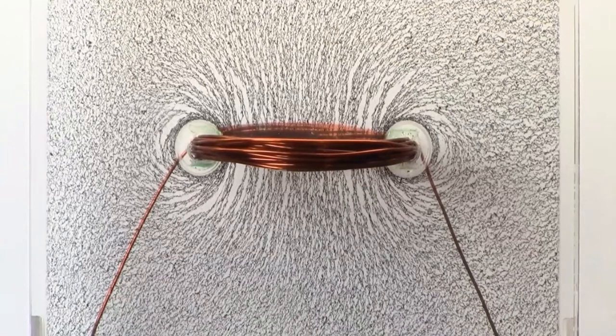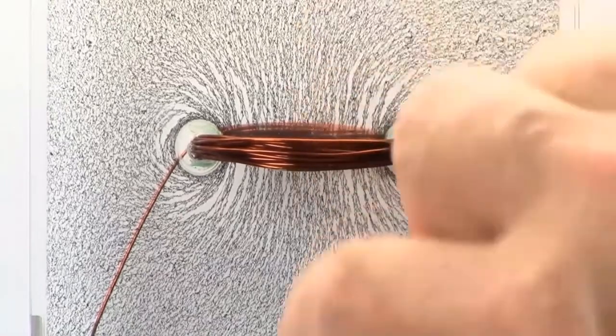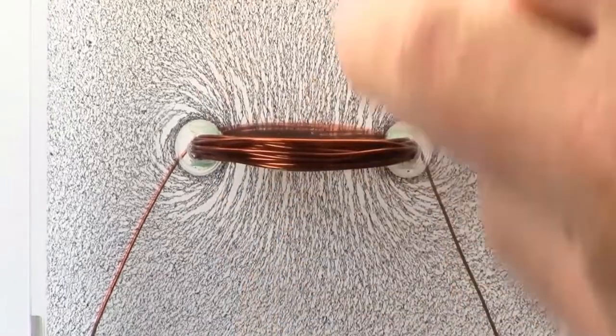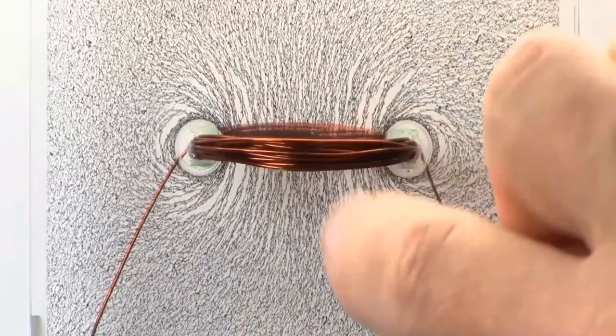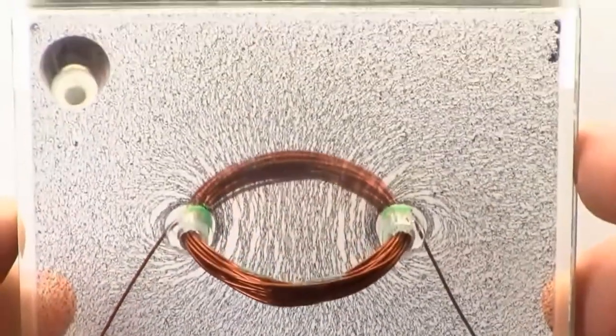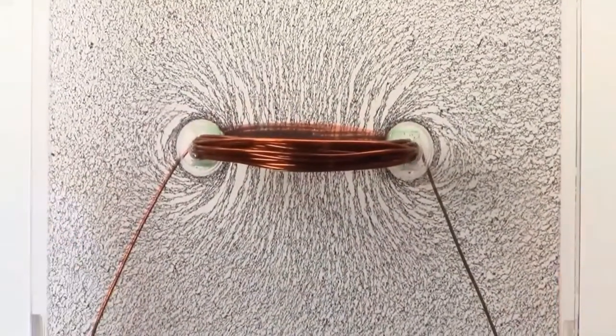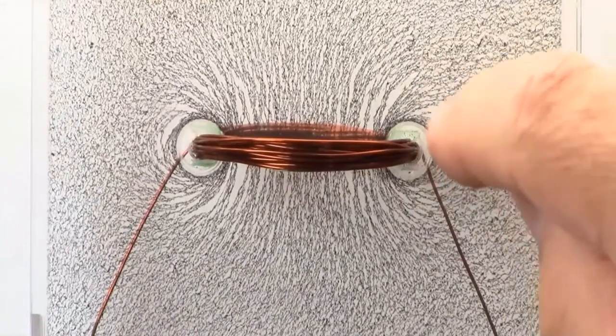Okay, let's see what's happened. Well, we can see that the iron powder's lined up down the centre here, and then we're still getting this sort of circular shape around. Let's just have a look, remember what it looks like, where it's going through the plate there. And we're starting to get some circular shapes, especially up close.